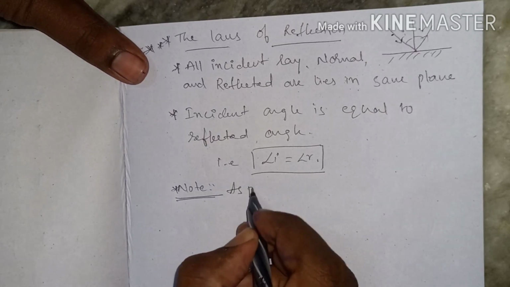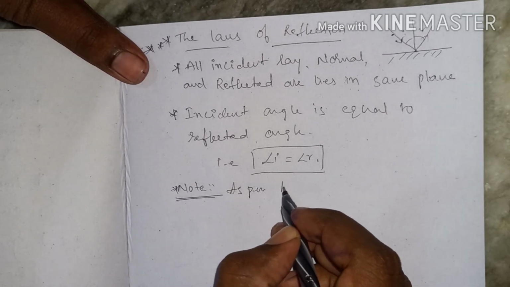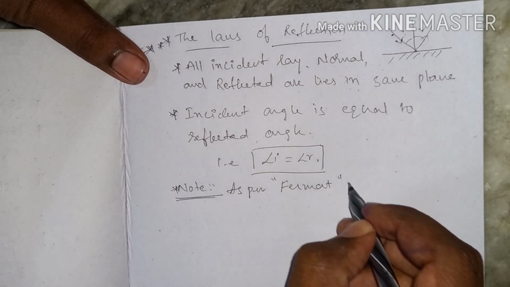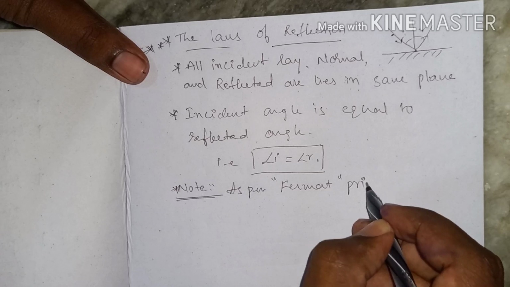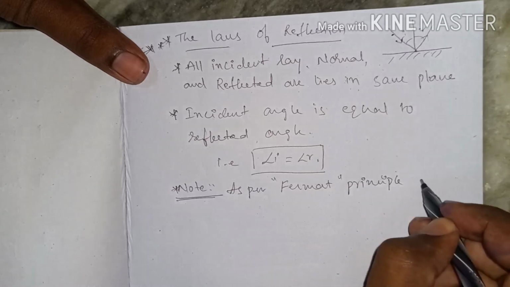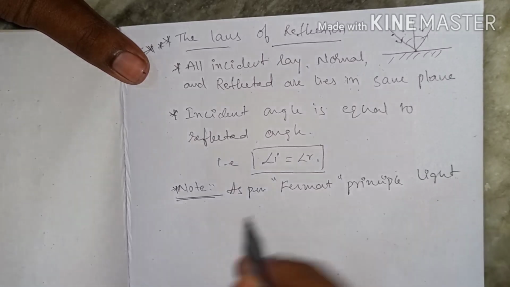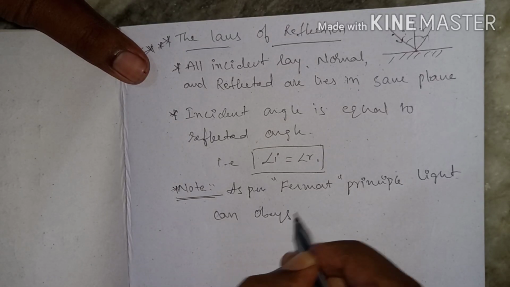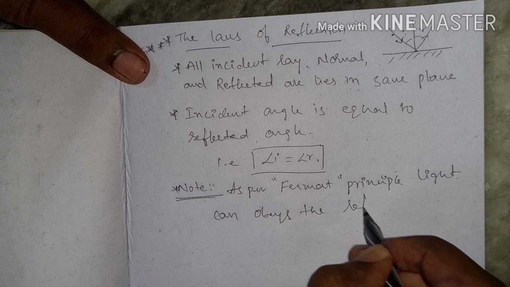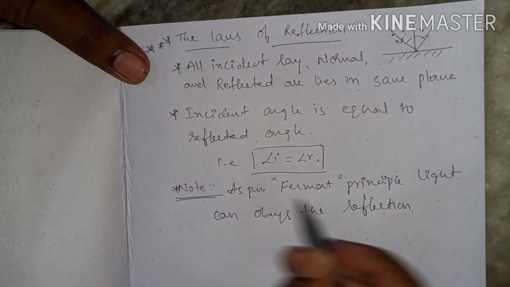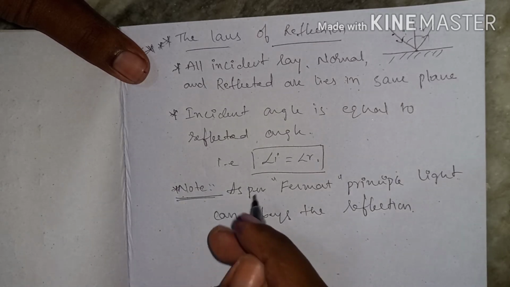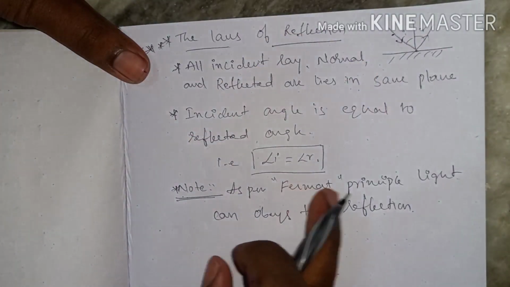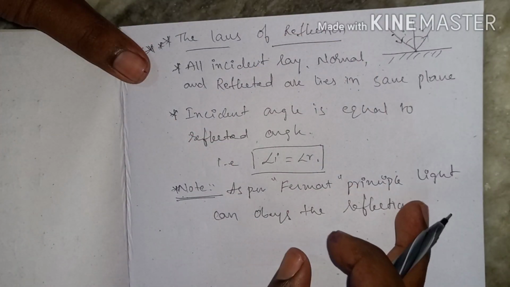As per Fermat's principle, light obeys the reflection. It's a very important question: based on which principle does light obey reflection? Based on Fermat's principle.